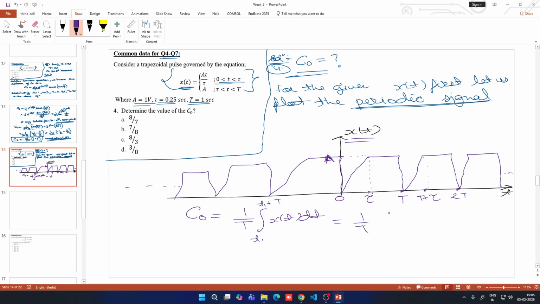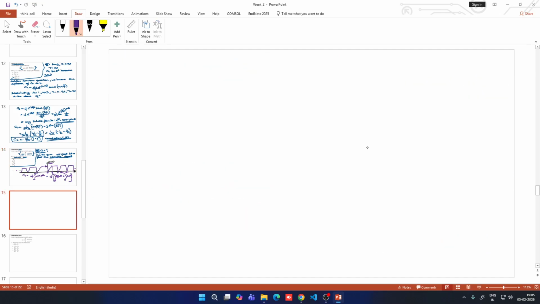So 1 by T, between time 0 to tau, our signal x of t is A t by tau dt, plus, between time tau to T it is A dt. And I hope now everybody can solve this integral. So we will solve this.